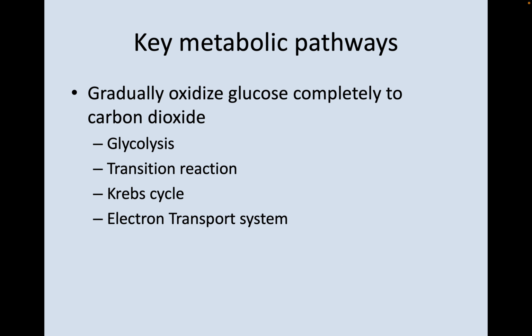Some of the key metabolic pathways gradually oxidize glucose completely to carbon dioxide. So we break glucose down into carbon dioxide. Glycolysis, there's a transition reaction, the Krebs cycle, and then finally the electron transport system. These are the four major pathways that make up respiration.